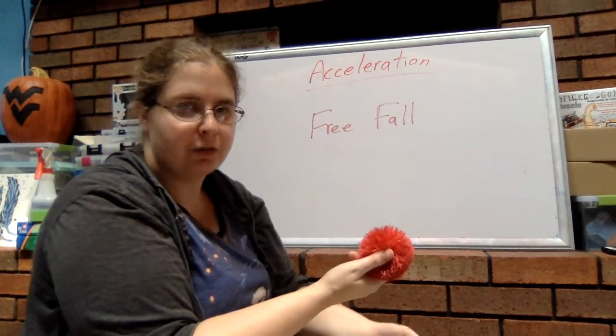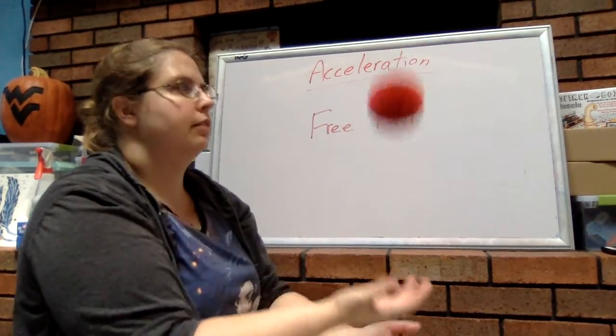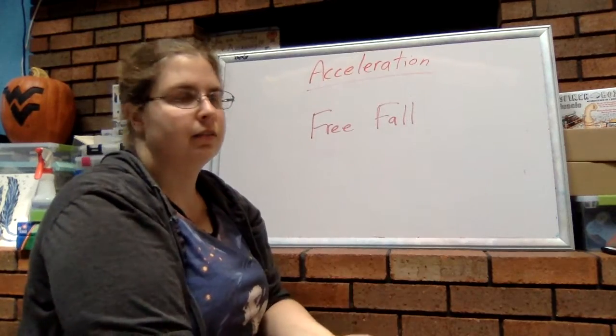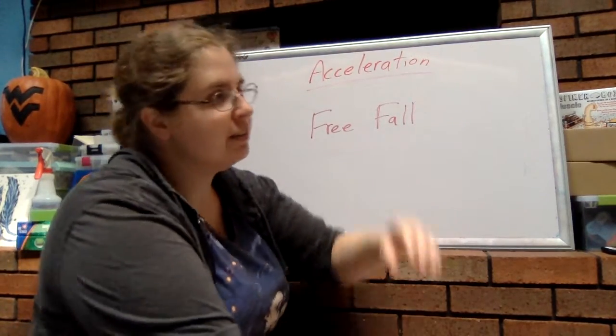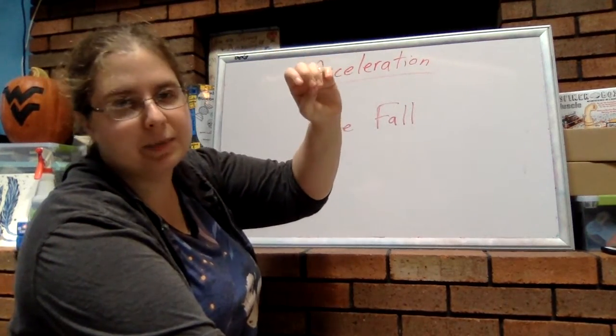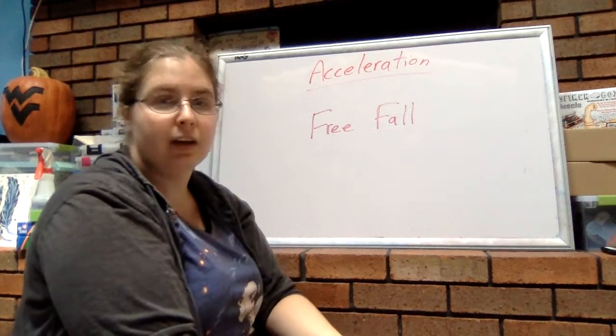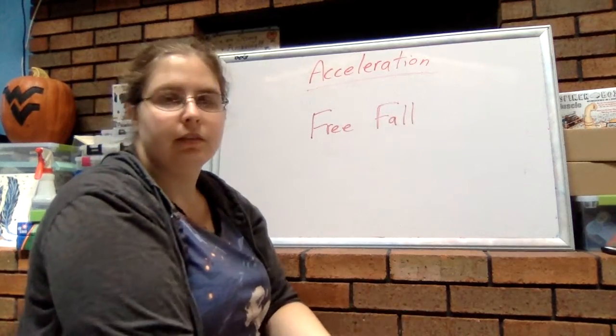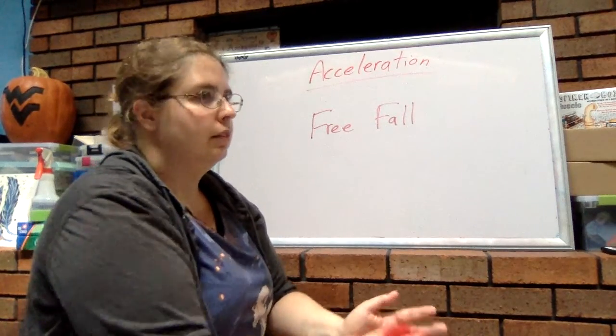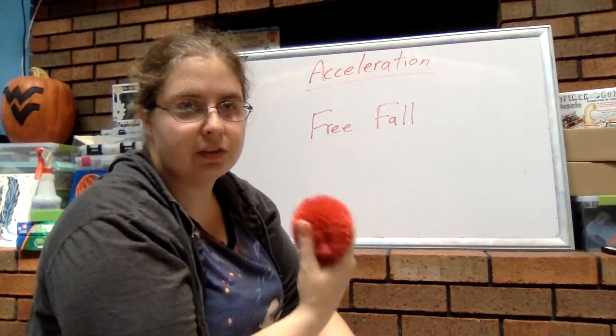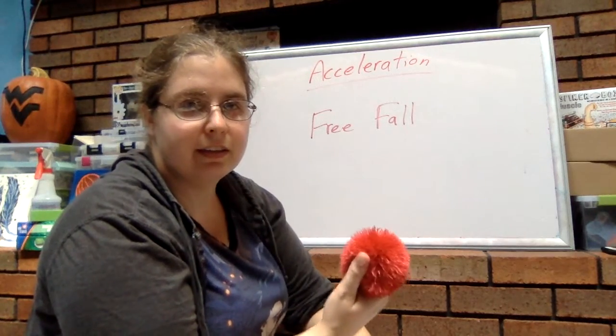And then it starts accelerating downwards again. So because it still has that highest point of being at zero, we still consider it free fall, because once I let go of it, again, there is nothing else acting on it except for gravity.